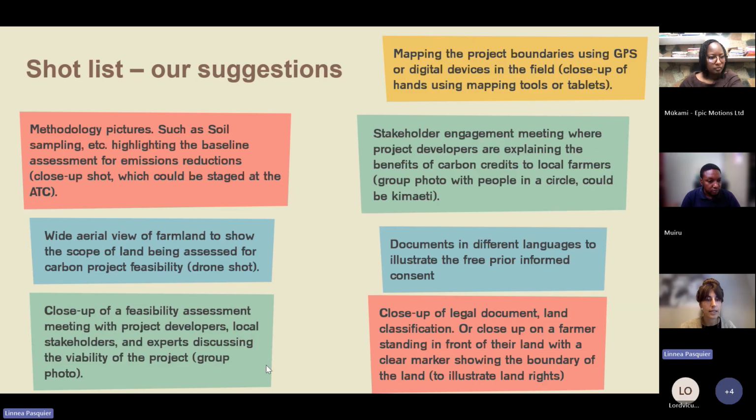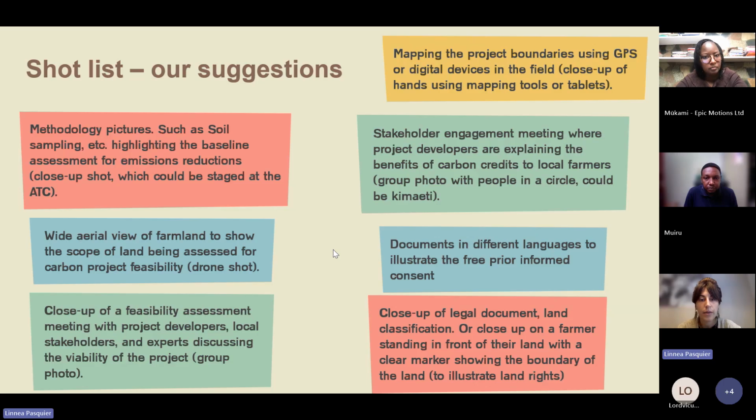Close-up of feasibility assessment, meeting with project developers, local stakeholders, and experts discussing the viability of the project. So it can be really the stakeholder gathering. Mapping the project boundaries using GPS or digital devices in the field, because you have to really be clear about what the farm shape is. This is what we call farm tracking.